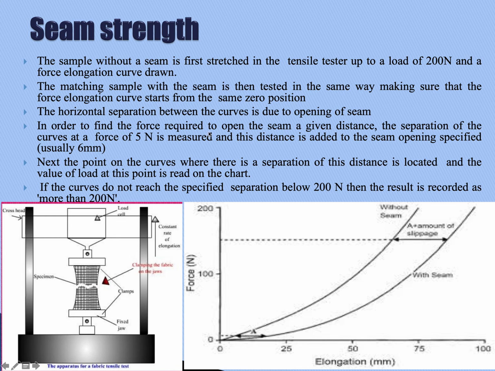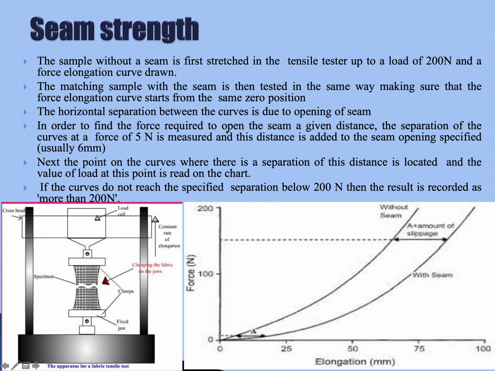In order to find the force required to open the seam a given distance, we need to find out how much the seam opens. How is it assessed? The separation of the curves at 5 newtons is measured, when they start from the same point 0, and then at 200 newtons.